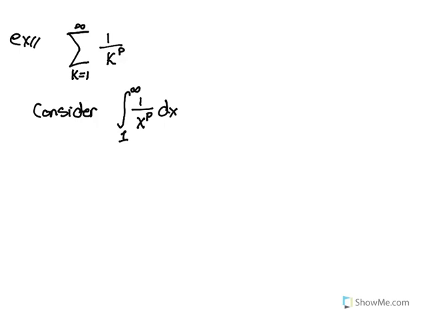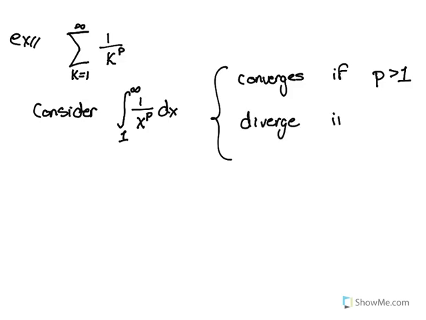We covered this improper integral in a lot more detail a few weeks ago, so I won't get into it again, but recall that this integral converges if p is greater than 1, and it diverges if p is less than or equal to 1. So that implies that the corresponding series converges if p is greater than 1, and it diverges if p is less than or equal to 1.